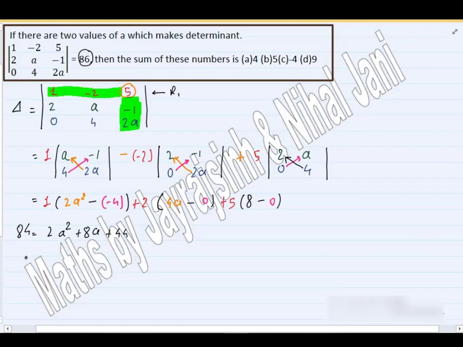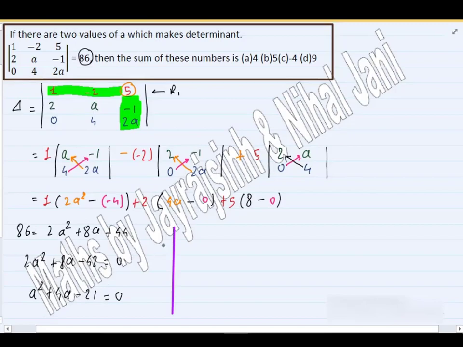Okay, now we already know that the value of the determinant is 86. So here our final quadratic equation will be 2a square plus 8a minus 42 equals 0, or we can take 2 common. So a square plus 4a minus 21 is equal to 0, and the factors of this quadratic equation are a plus 7 and a minus 3 equal to 0, which suggests that our two values of a are minus 7 and plus 3, right?